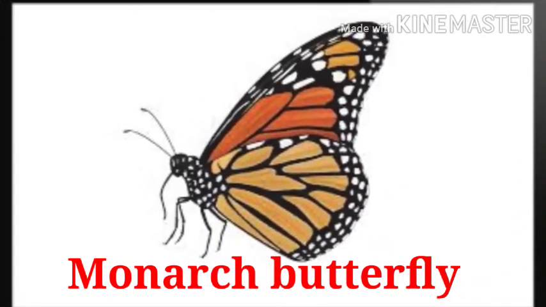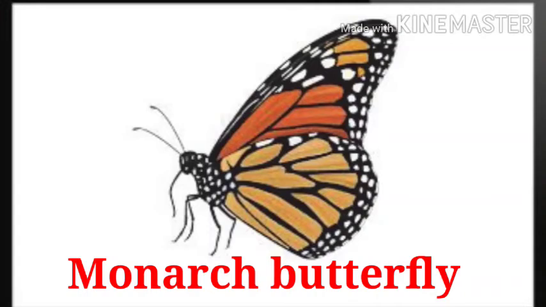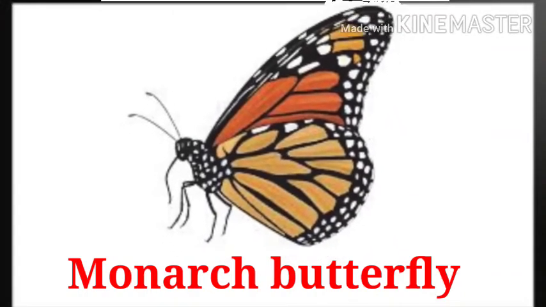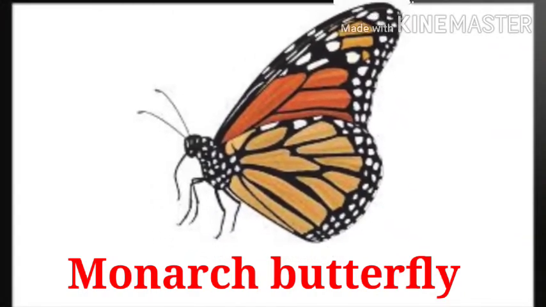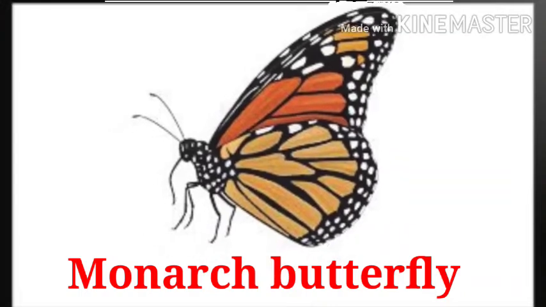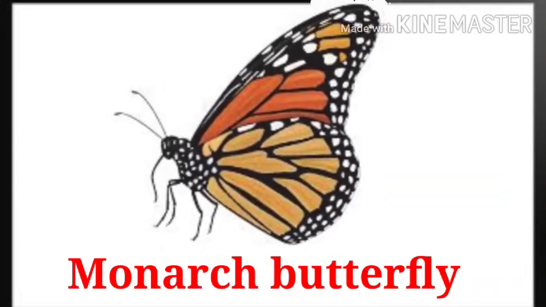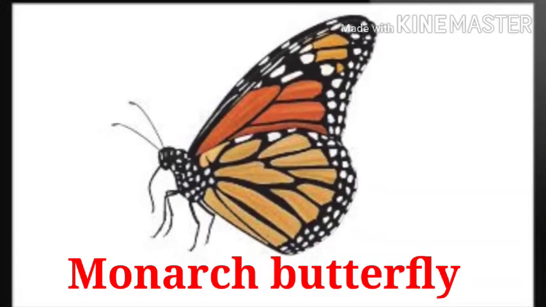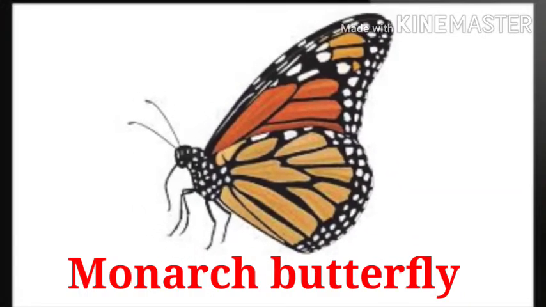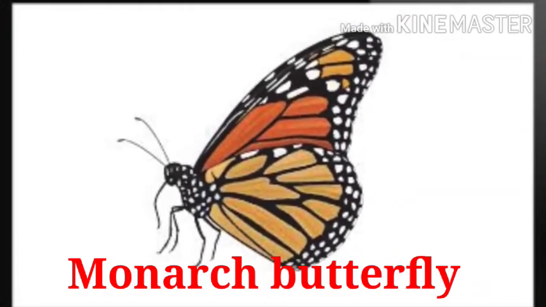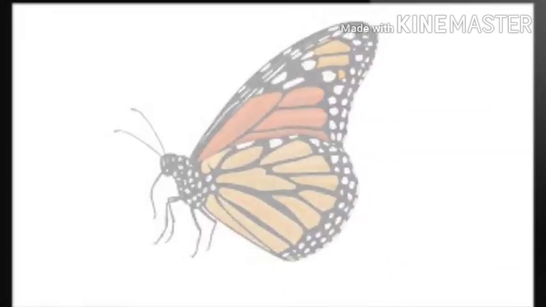The monarch butterflies do not complete an entire cycle because their lifespan is much shorter. It takes about 4 generations of a monarch butterfly to complete a migration cycle.